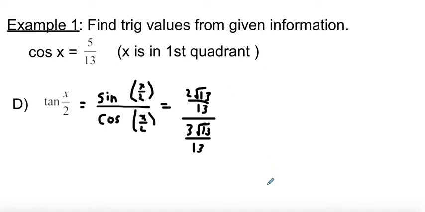So remember, we got a division here. We got a single fraction at the top. We got a single fraction at the bottom. So let's rewrite this as a multiplication statement. So you got 2 square root of 13 over 13. And instead of dividing by the fraction down at the bottom, we're going to multiply by its reciprocal. So I'm just going to flip this fraction.